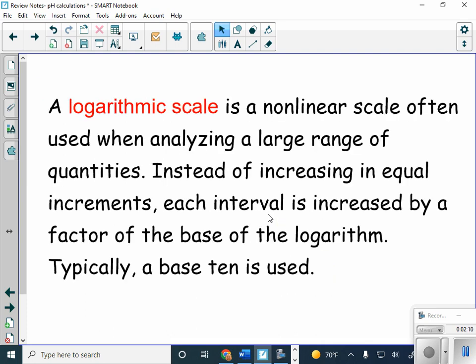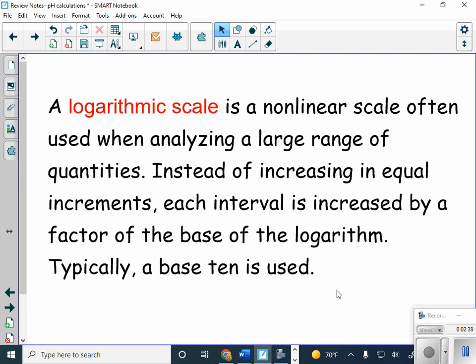Now, when we talk about the pH scale, we're going to talk about a logarithmic scale. The definition says it is a nonlinear scale often used when analyzing a large range of quantities. Instead of increasing by equal increments, each interval is increased by a factor of the base of the logarithm.